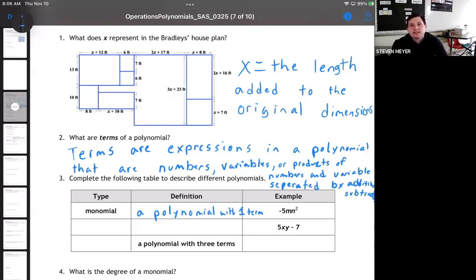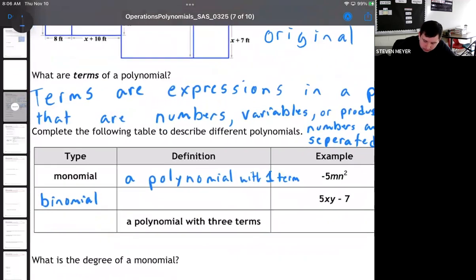So then the next type of polynomial has two terms. And what do we call a vehicle that has two wheels that you pedal? A bicycle. So this is a binomial, a polynomial with two terms.